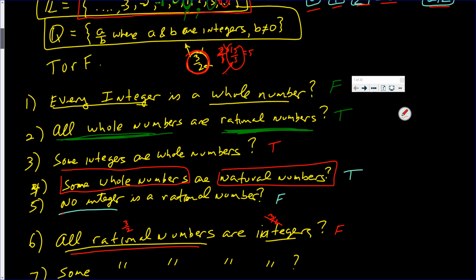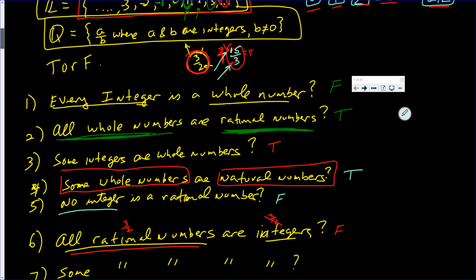What about some rational numbers are integers? Well, just said. 15 over 3. The top is an integer. The bottom's an integer.